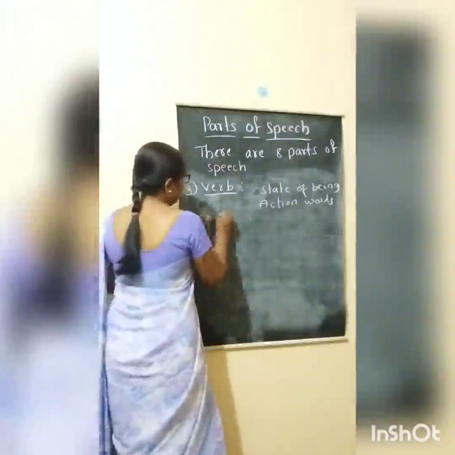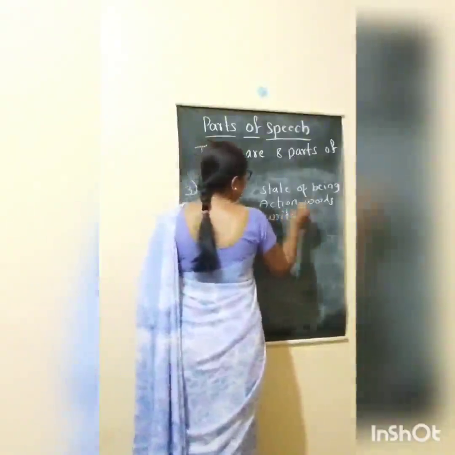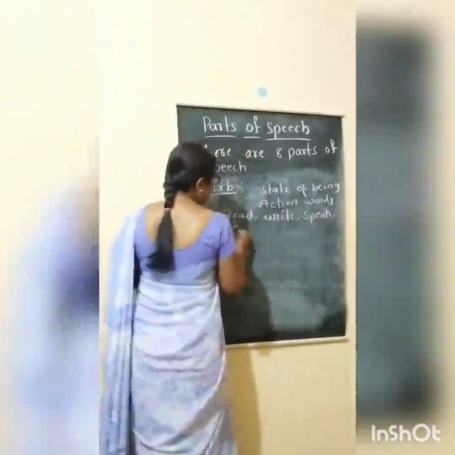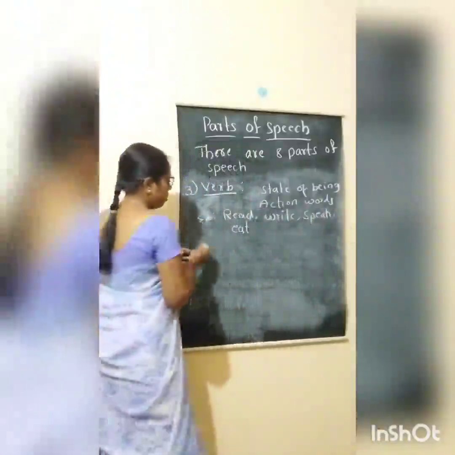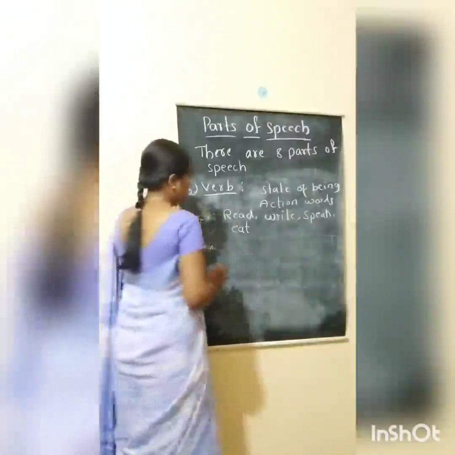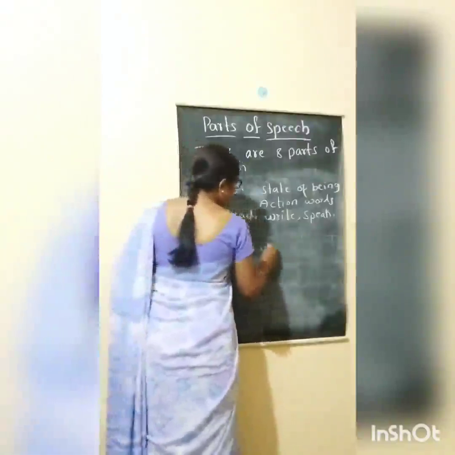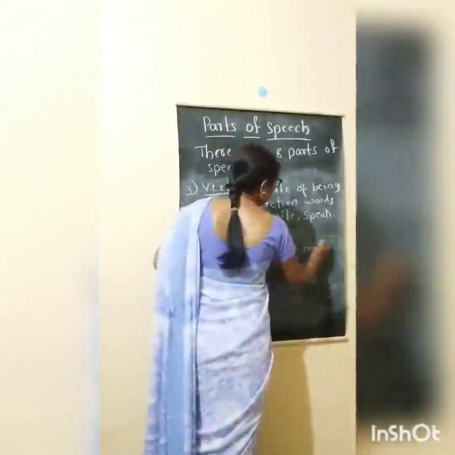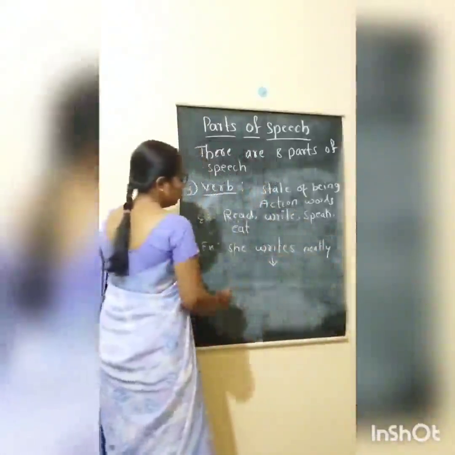For example, read, write, speak, eat. These words are verbs. For example, I take one example: She writes neatly. Here, writes is nothing but a verb.